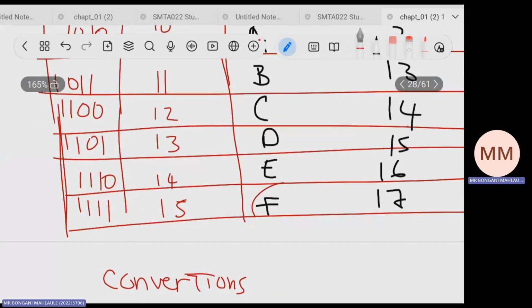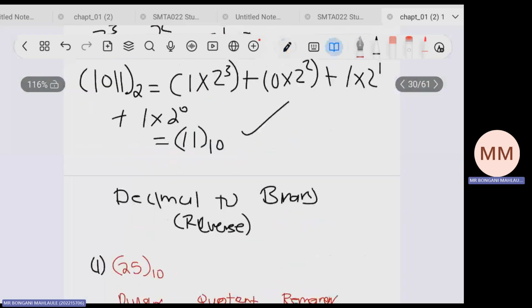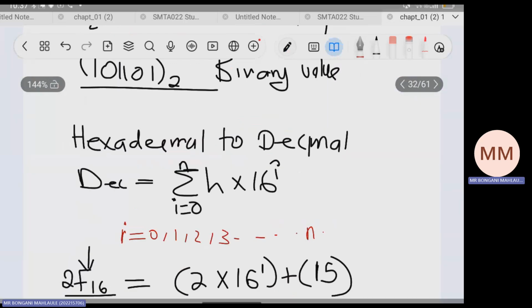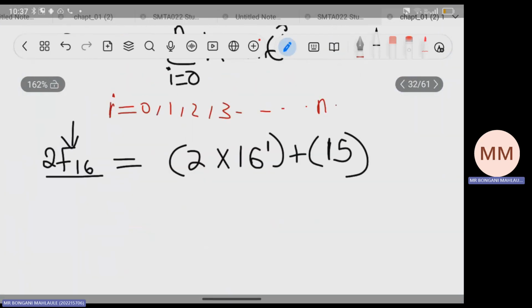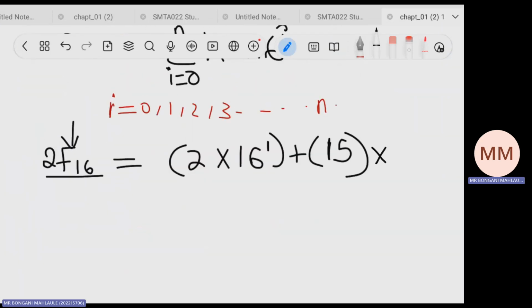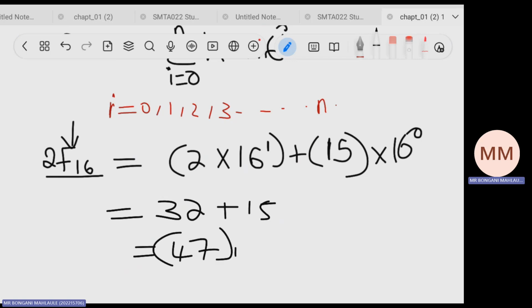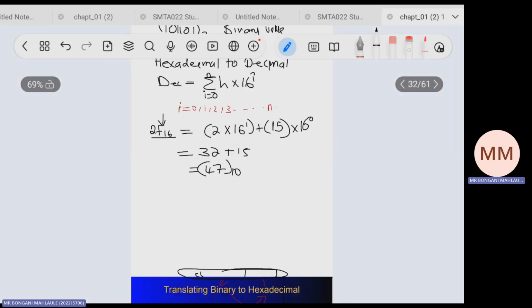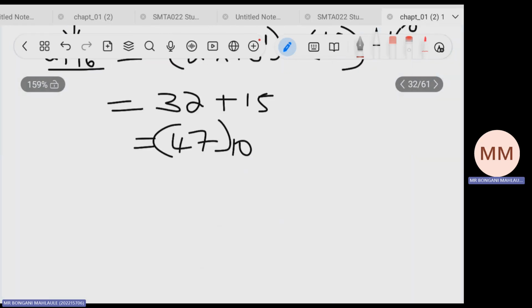As I said, you guys must know this table. Then you'll have 15 here, then 15 times 16 to exponent 0. And this 2 is just for the 47 base 10. So we managed to convert to decimal.